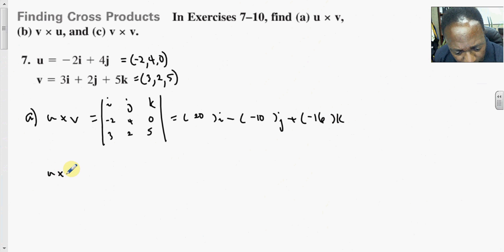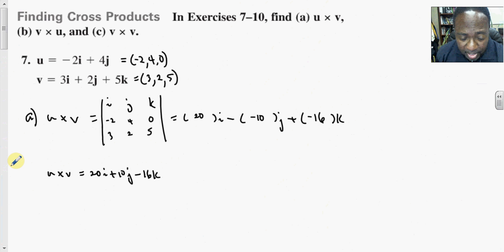So the cross product of U and V is 20i plus 10j minus 16k. Now, I'm finished with this problem because part B, the cross product of V and U, is just the opposite of that according to the property.